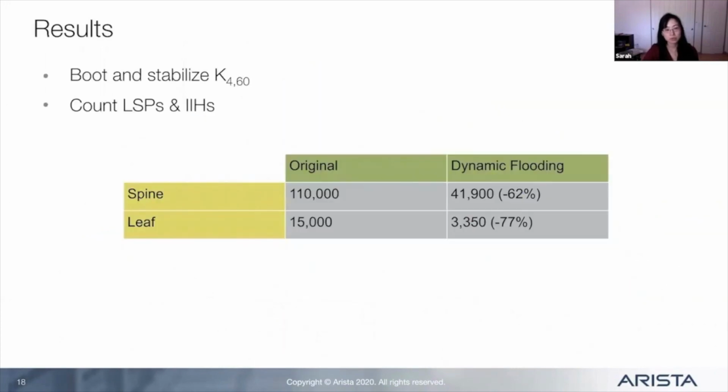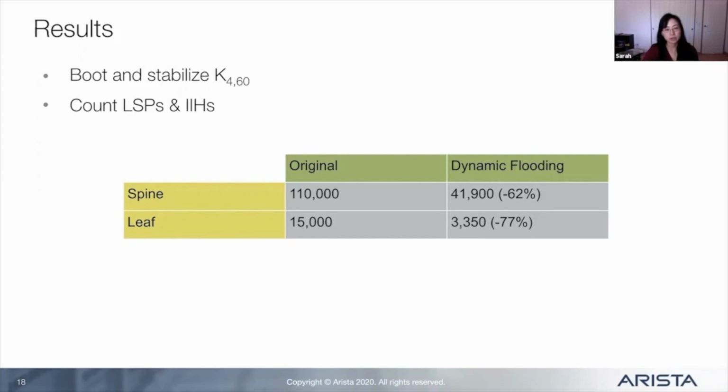So here are some numerical results. We boot up a leaf-spine topology with 4 spines and 60 leaves, and we count the LSPs and the IIHs during the process.